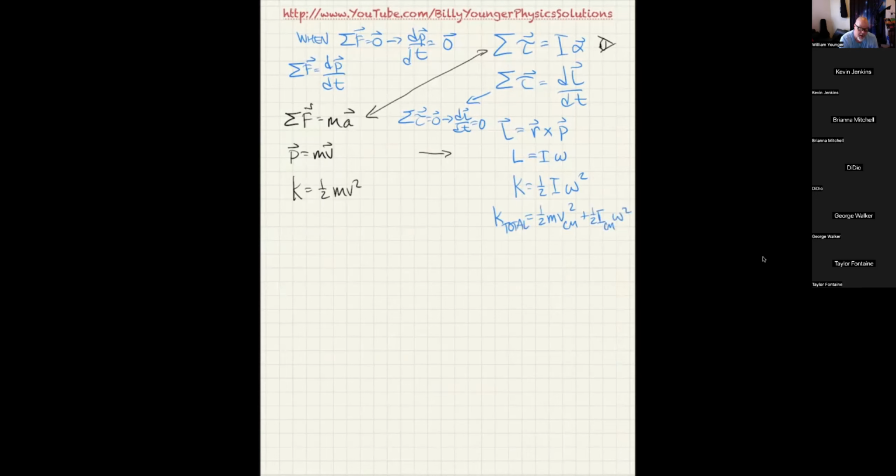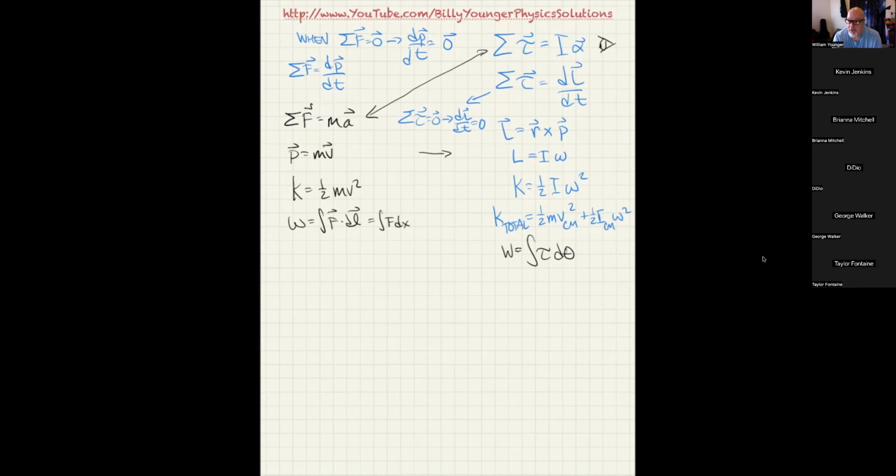Oddly enough, we also had work is equal to the integral of F dot dl, which you can sometimes think of simply as F dx. Well, it turns out that work would be equal to the integral of torque times d theta. So there's another formula. All of this stuff has the exact same analogies from variable to variable, and you can make pretty much any equation you want just by doing that. The big differences are, like I said, the units are different.